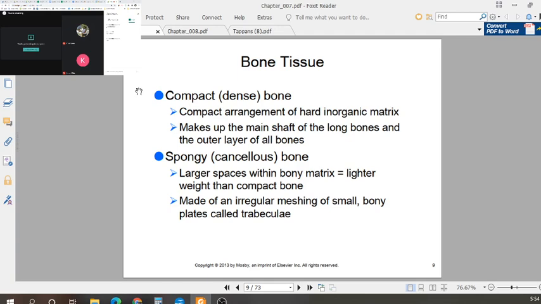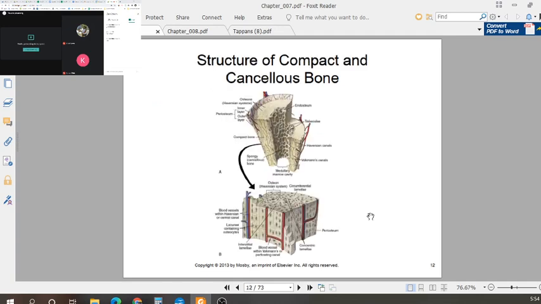Spongy bone, this is different. The second type is also called cancellous bone. It has a lighter matrix, more space in it, which you see in the picture on 196. I'm going to go ahead and move there. There it is.